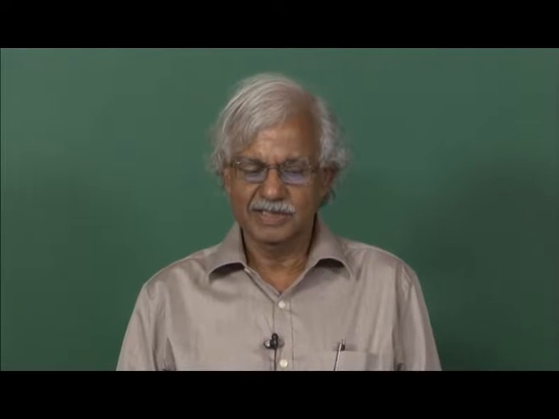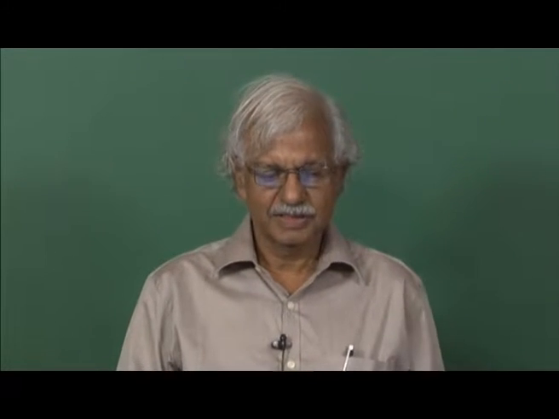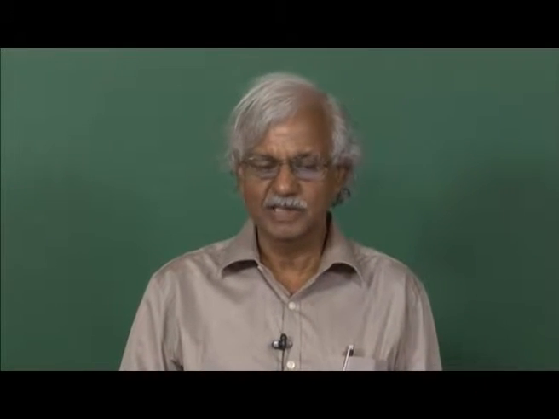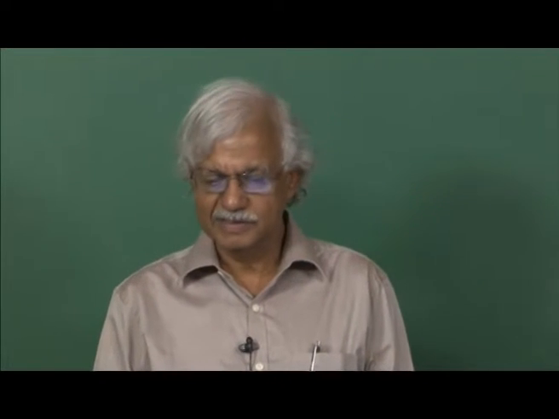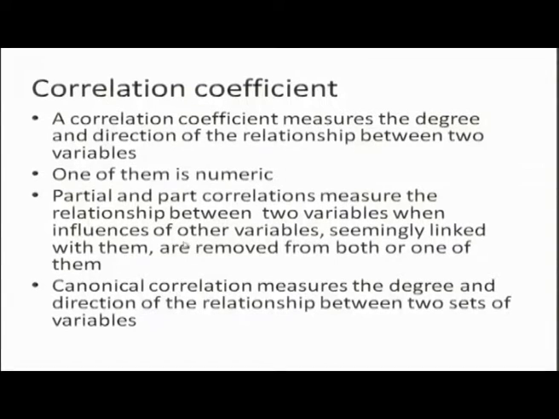We also have concepts of partial and part correlations, which measure the relationship between two variables when influences of other variables seemingly linked with them are removed from both or one of them.